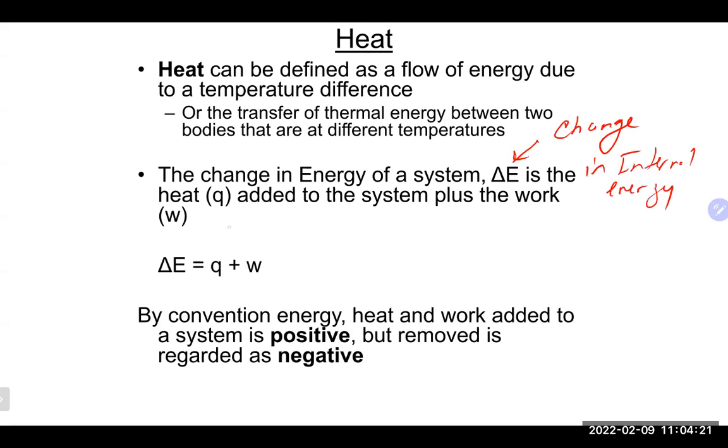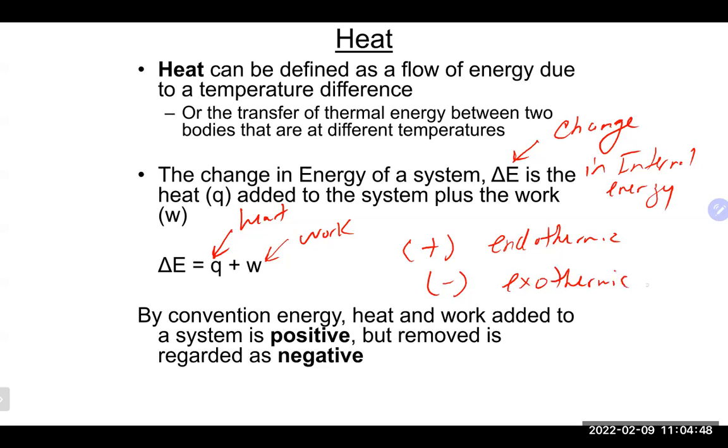That is equal to Q, which is heat, plus W, which is work. As we talked about, a lot of times we could use energy to do some type of work. And when we talk about change in internal energy, it works the same way as everything else. If it is a positive number, it is an endothermic type process. And if it's a negative number, it is an exothermic type process.